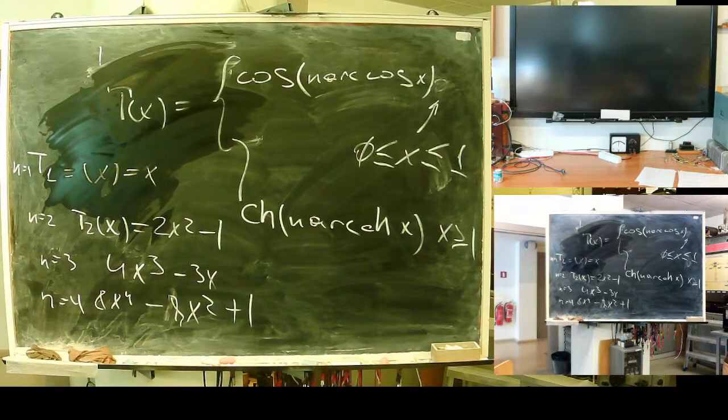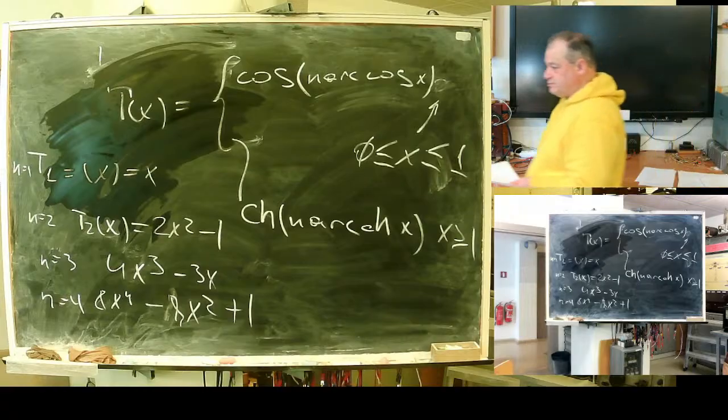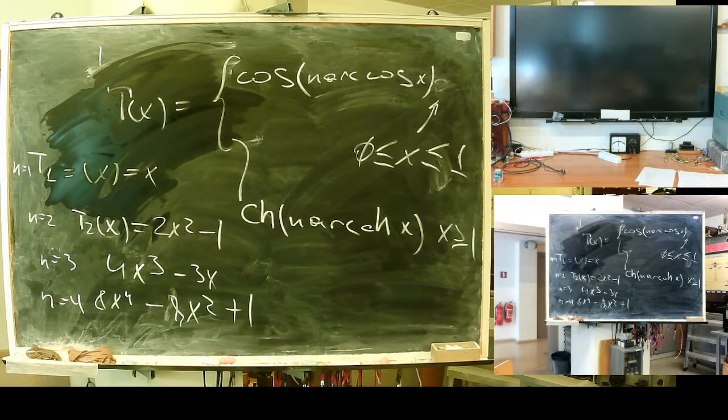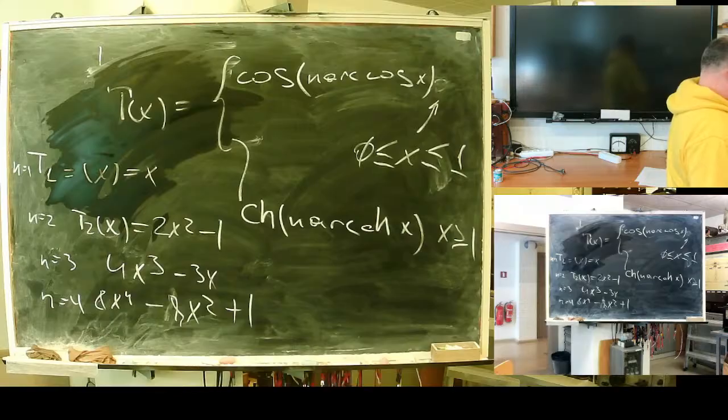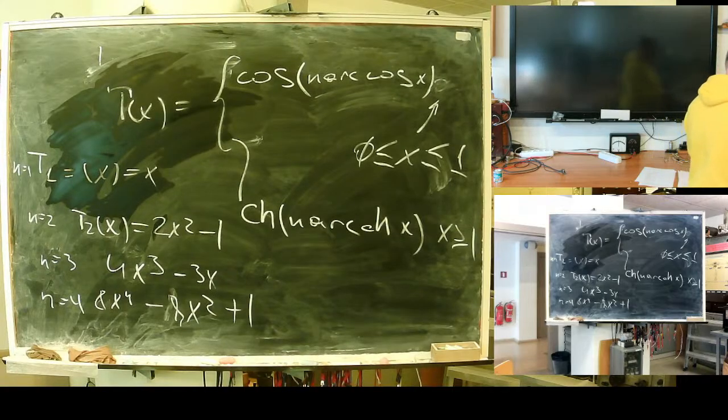Here are typical Chebyshev polynomials. While x is between 0 and 1, the absolute value of the polynomial will be between 0 and 1, and above it will grow steadily.